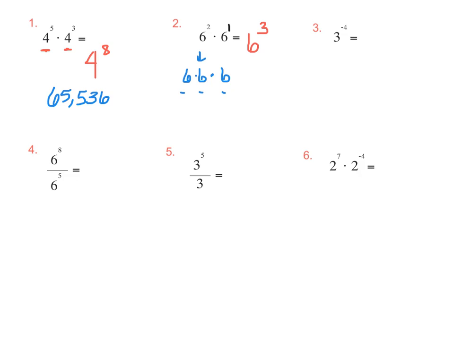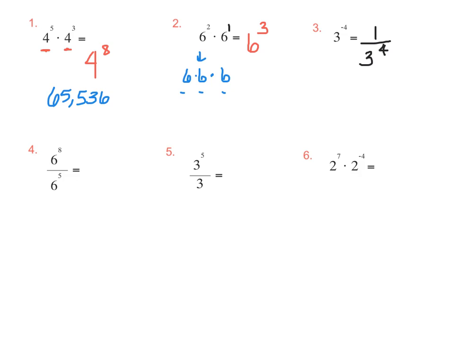All right, number 3. Remember, a negative exponent means that it's going to be a number less than 1. So I can rewrite this by starting with a 1. That's going to be my numerator. And the denominator is just going to be 3 to the 4th.